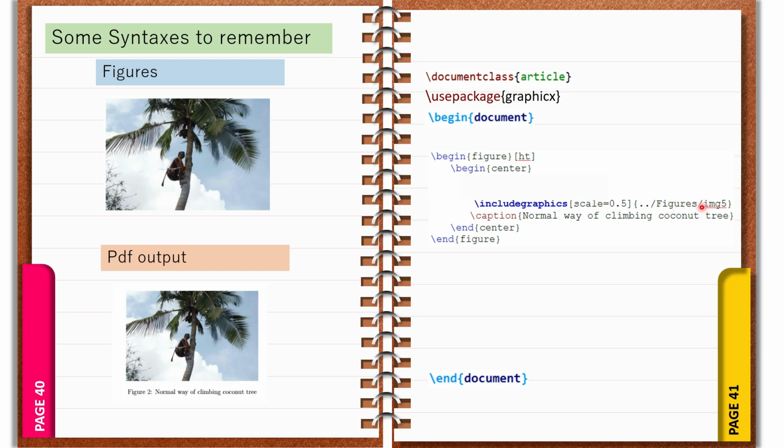This is the path of the figure. Caption is also given, and after running this code we are able to see the figure number as well as the title of the figure generated in a particular place of the document.